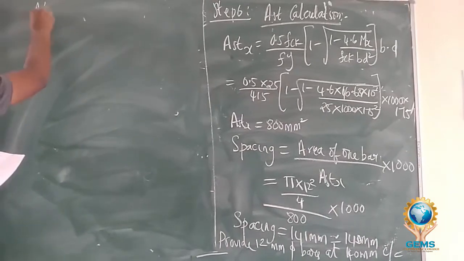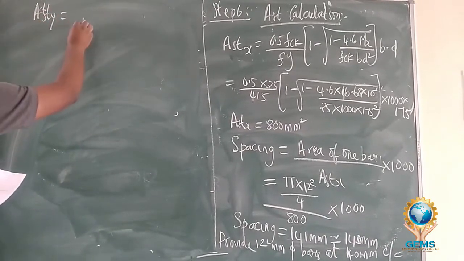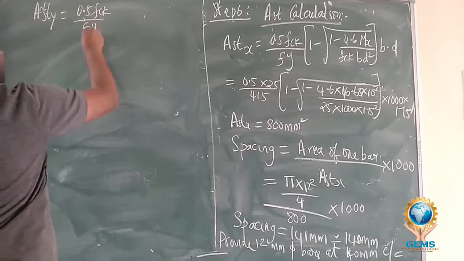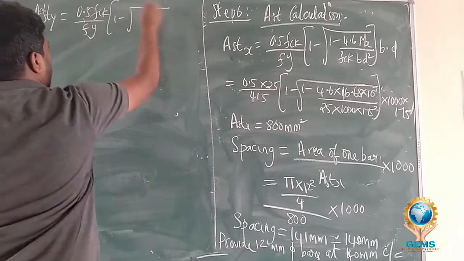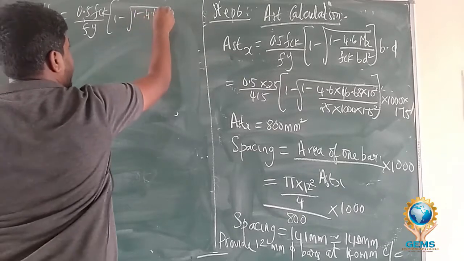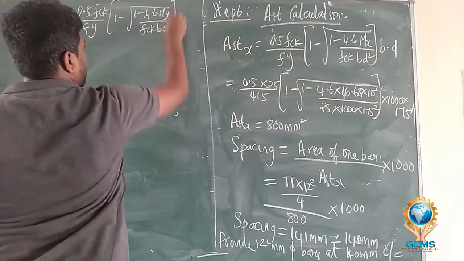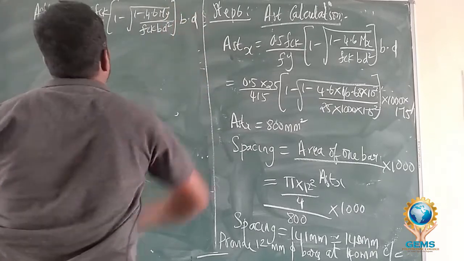Asty is equal to 0.5 fck by fy into 1 minus root of 1 minus 4.6 My divided by fck b d squared into b into d. Okay.